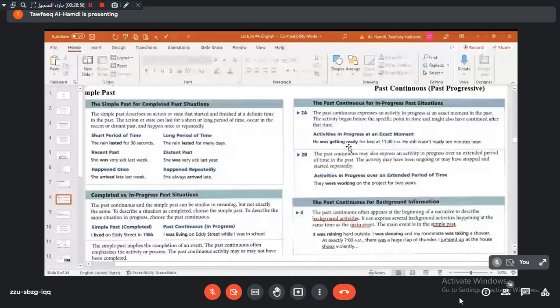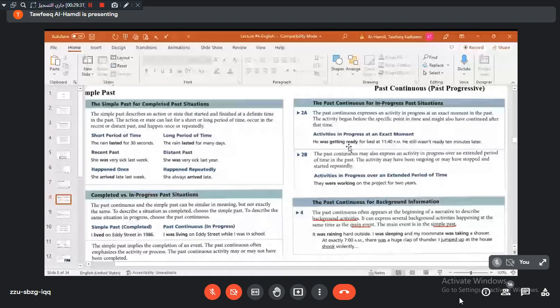To describe a situation as completed, I should use the simple past. On the other hand, to describe the same situation in progress, also in the past, I should use the past continuous.